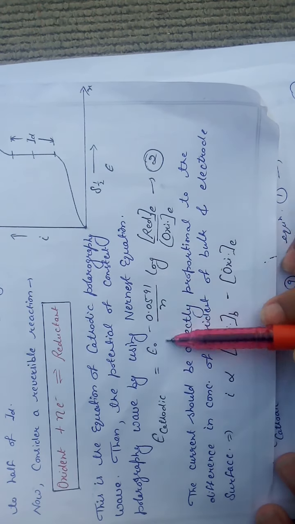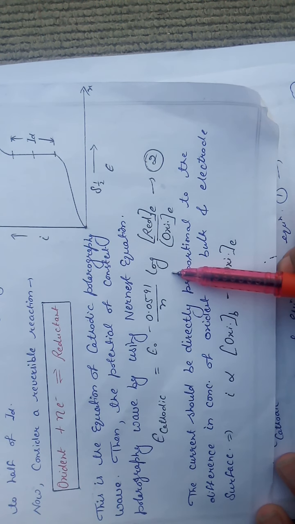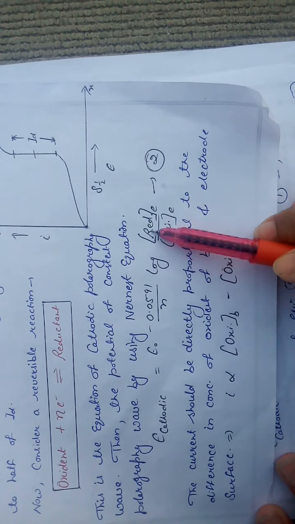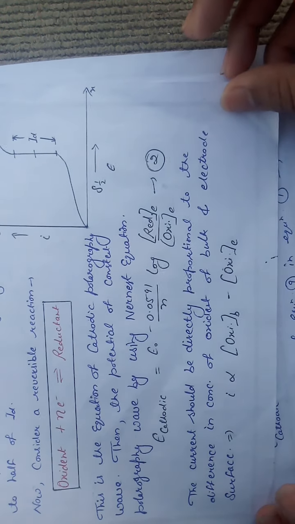E cathodic is E naught minus 0.0591 upon N log of reduction at electrode and oxidation at electrode surface. So put here in equation number 2.